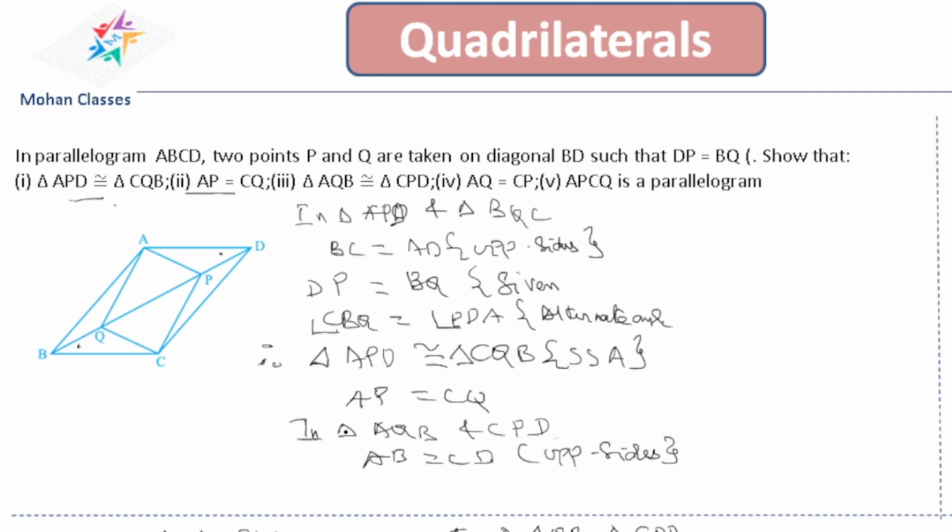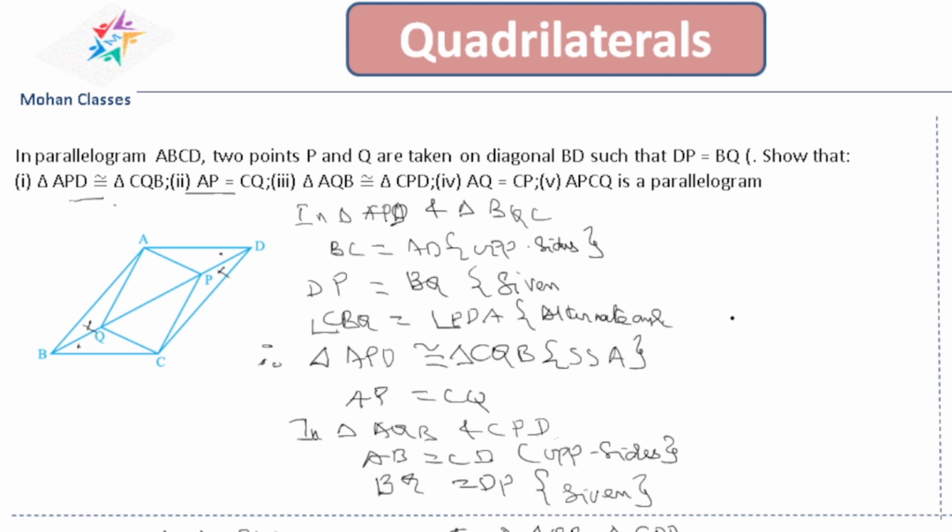And then we can say BQ is equal to DP, it is given. And then we can say this angle is equal to this angle, alternate angle, right?